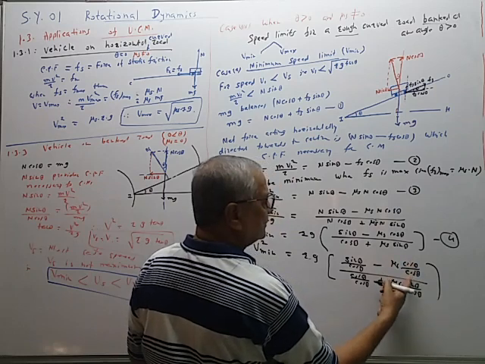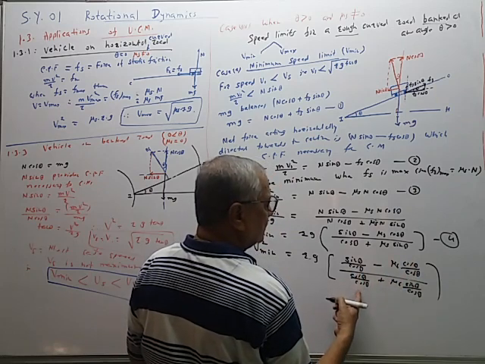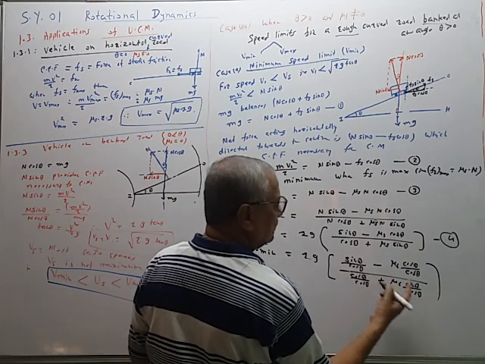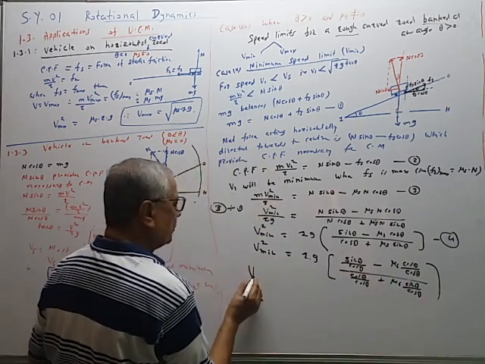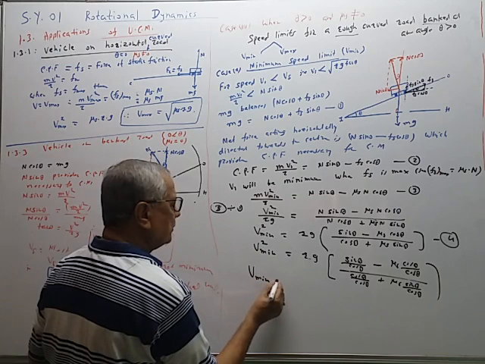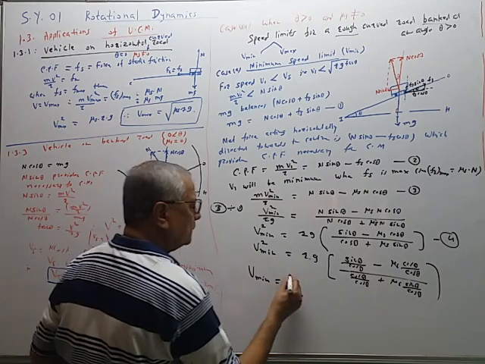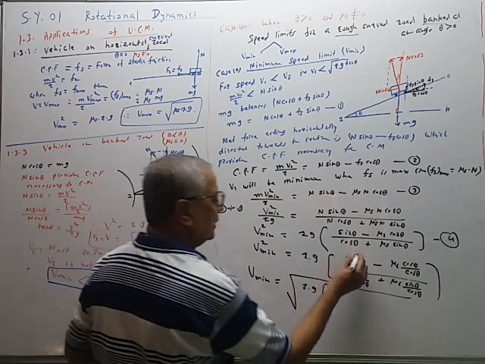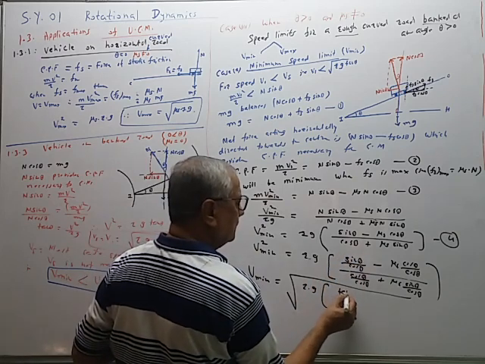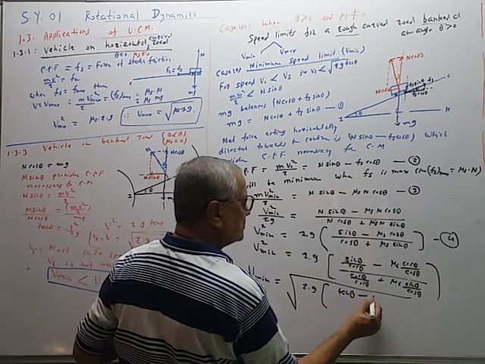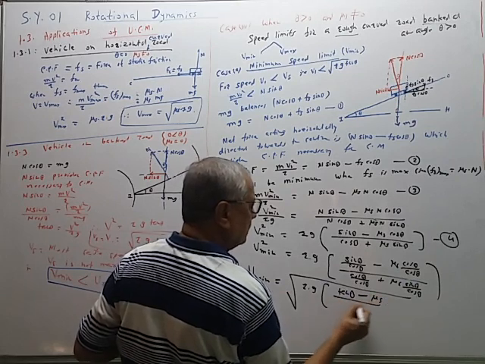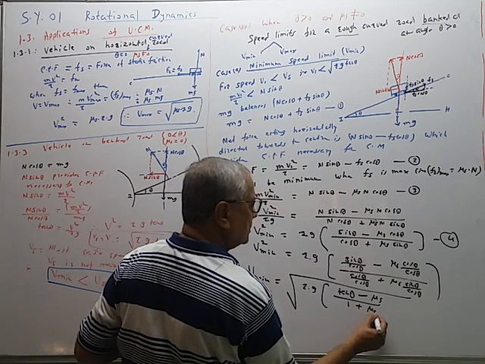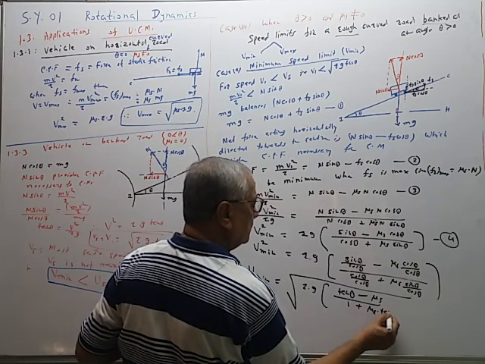So cos theta upon cos theta cancels to 1, and sin theta upon cos theta is equal to tan theta. Therefore we get v minimum is equal to under root r g into bracket tan theta minus mu s upon 1 plus mu s into tan theta.